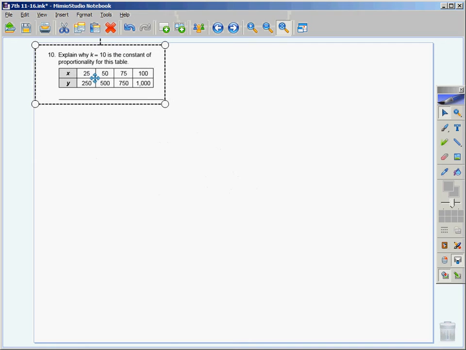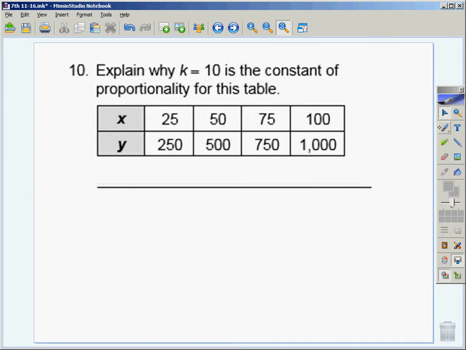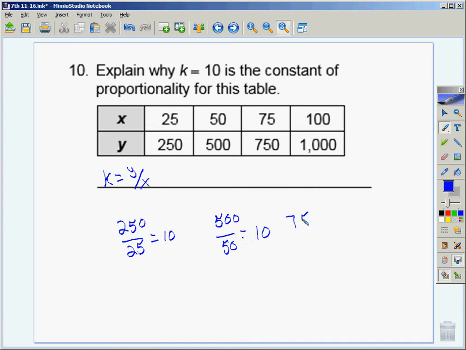Number 10. It says, explain why k is the constant of proportionality. What they really wanted you to do was show this. 250 divided by 25 equals 10. 500 divided by 50 equals 10. 750 divided by 75 equals 10. 1,000 divided by 100 equals 10.